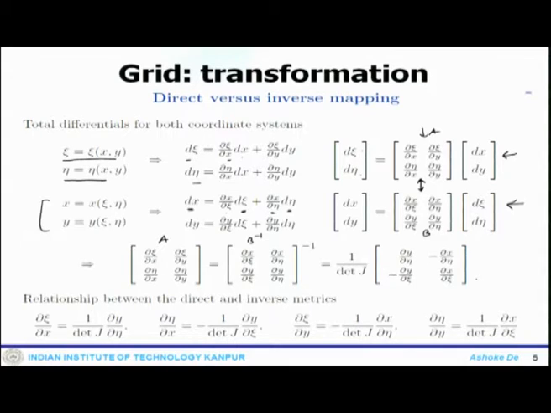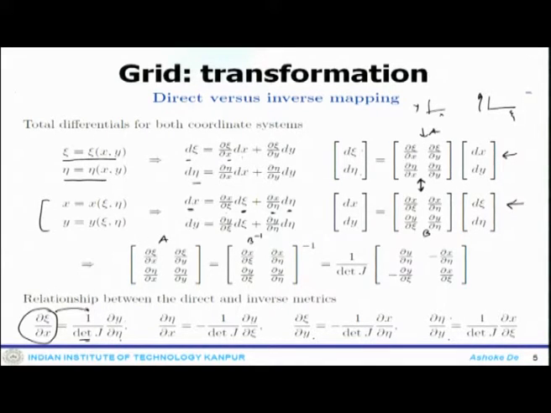So if you look at the relationship between them, now you can find del xi by del x equals 1 by determinant of J times del y by del eta. Similarly you get del eta by del x, del xi by del y, and del eta by del y. Now you get a nice correlation between all the derivatives both in the xy plane and also the xi-eta plane.